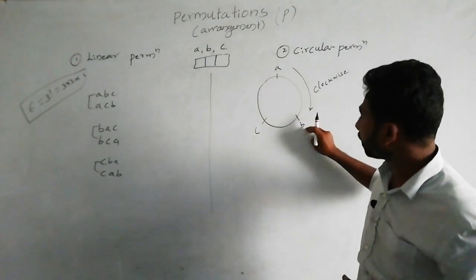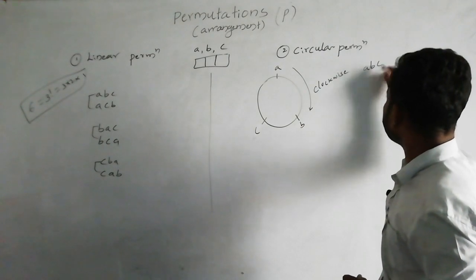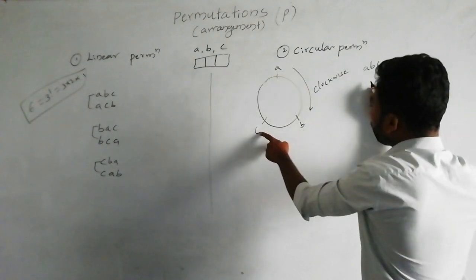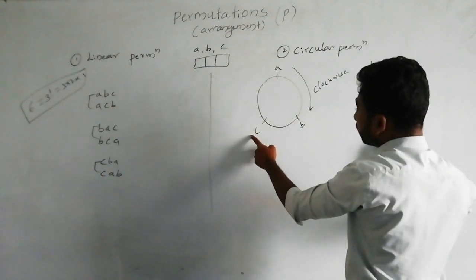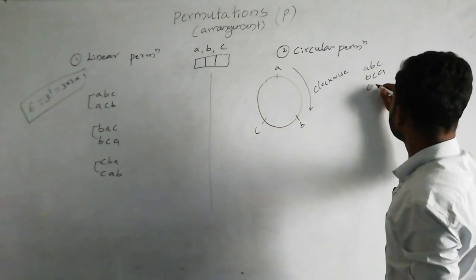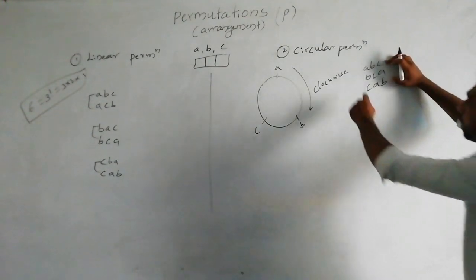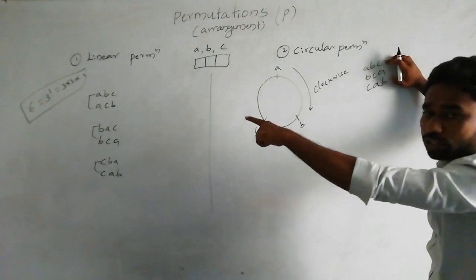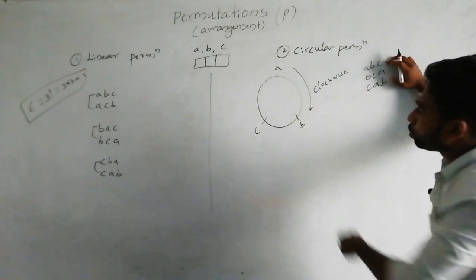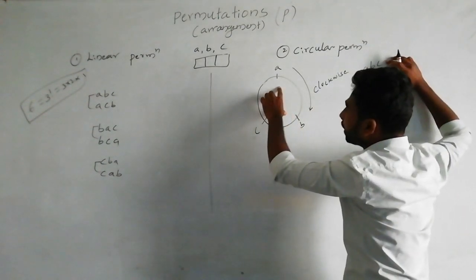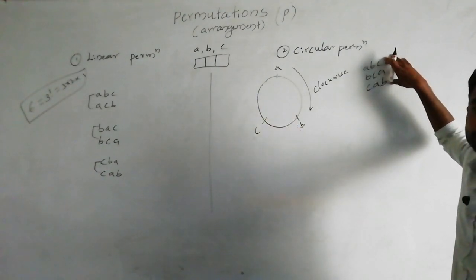C, A, B, third arrangement. Just notice this: A, B, C, B, C, A, next C, A, B. These are the linear permutations. Yes or no? So one circular permutation is equal to 3 linear permutations.